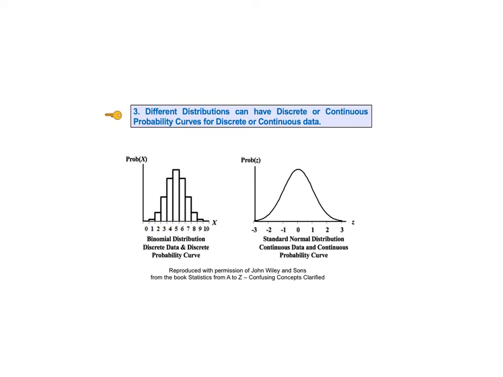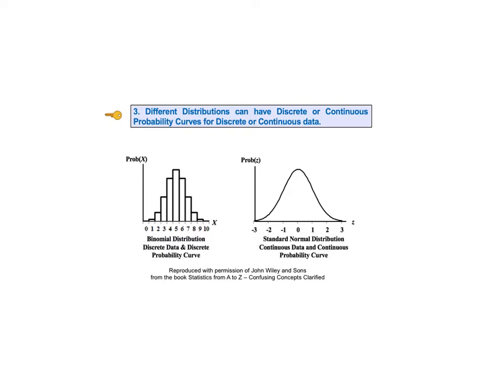Here is key to understanding number 3 from the Part 1 video. These graphs show the difference between a distribution that uses discrete data and has a discrete graph, which is the one on the left, compared to a distribution with continuous data and continuous curve, the one on the right. For a discrete data distribution, the values of the variable x are usually non-negative integers because they are counts.